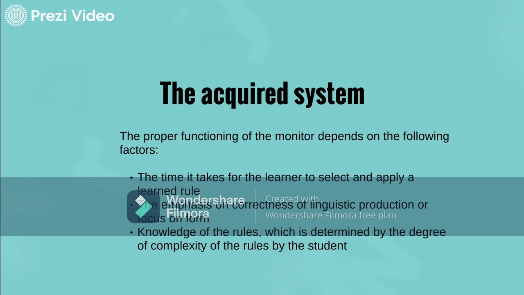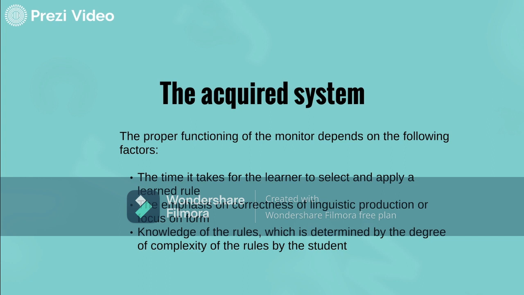The acquired system or second language acquisition is constituted by three elements: the affective filter hypothesis, the input hypothesis, and the natural order hypothesis. This is also known as the monitor model.